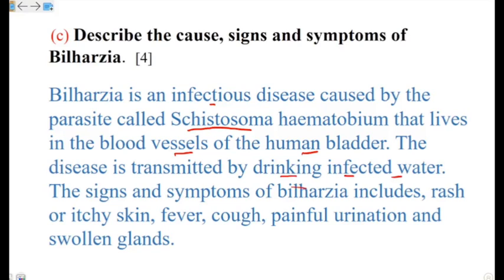The signs and symptoms of bilharzia include rash or itchy skin, fever, cough, painful urination, meaning that when a person is urinating, they tend to feel pain on the genital parts, and swollen glands. This is how you can describe the cause, signs, and symptoms of bilharzia. We now move on to question 12. We are done answering question 11.